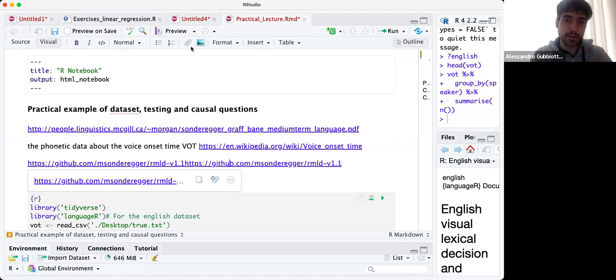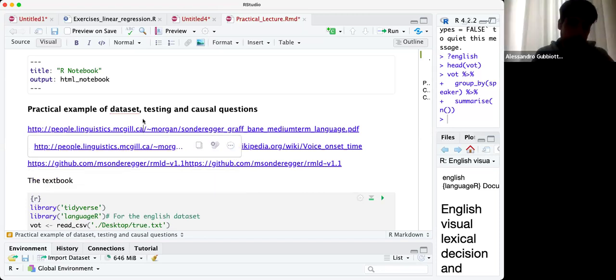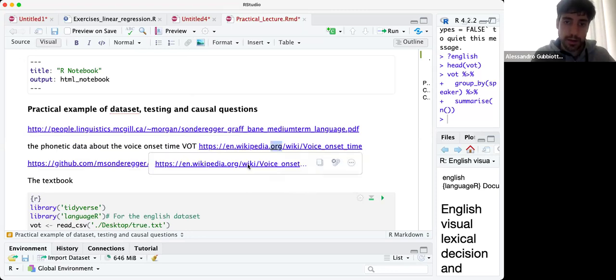I'm not a linguist, but I've read that it's a phonetic measurement. Maybe I haven't reviewed it. Let's open the wiki page, which is, by the way, here. It's important for native speakers to distinguish voiced and voiceless consonants.